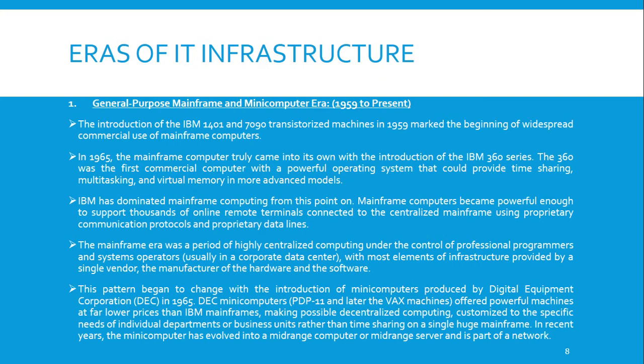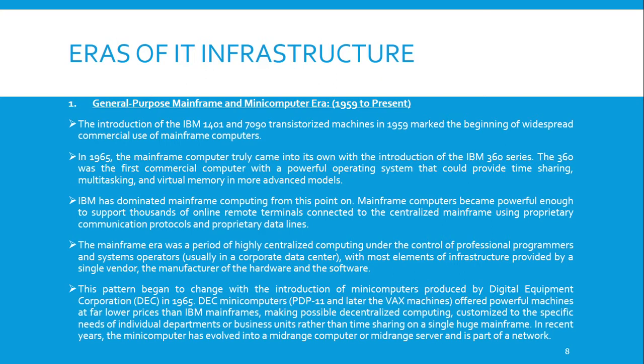In recent years, the minicomputers have evolved into mid-range computers or mid-range servers and are part of a network. So the mainframe computers truly came into their own with the introduction of the IBM 360 series, whereas the minicomputers became popular with the introduction of those produced by DEC Corporation. And both years were the same, 1965.